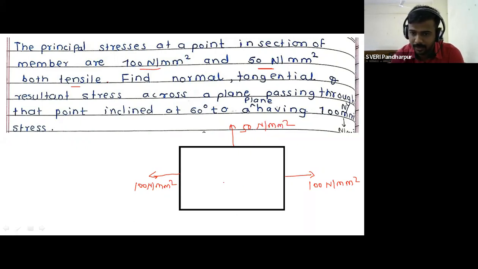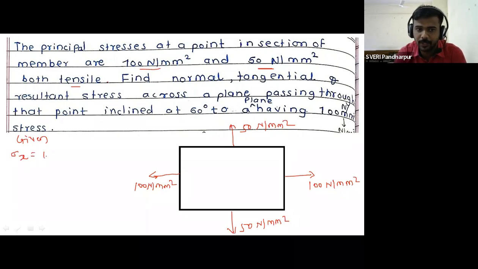And at the bottom side also it is equal to 50 Newton per mm square. So in the given also you have to write down all the values. Sigma x is equal to 100 Newton per mm square, in bracket write down capital T, that is tensile. Sigma y is equal to 50 Newton per mm square, in bracket again tensile.